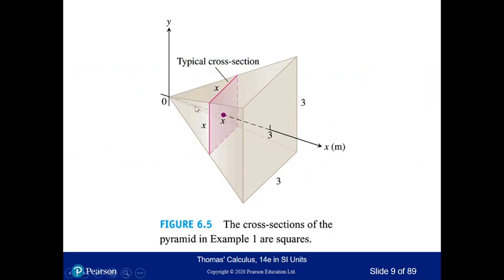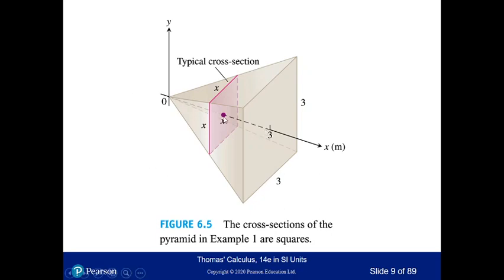For example, let's say we are interested in finding the volume of this pyramid. First of all, the x values start at 0 and go up to 3. A typical cross-section is, thank God, a square, because we know how to calculate the area of a square.